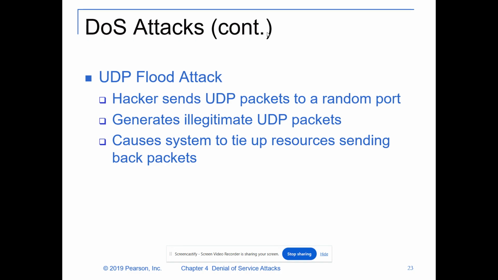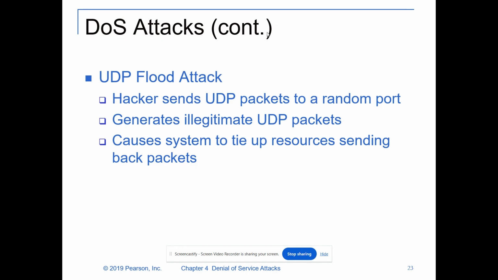In a UDP flood attack, a hacker sends UDP packets to a random port. Because there is no service waiting on that port, the system generates ICMP packets as destination unreachable.